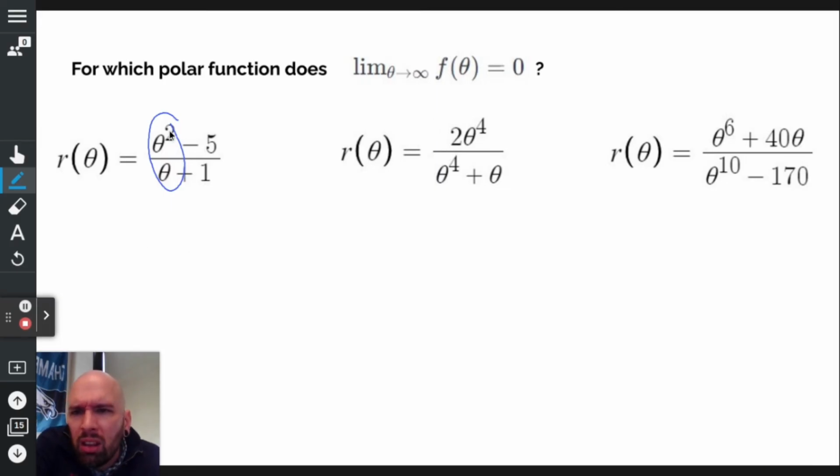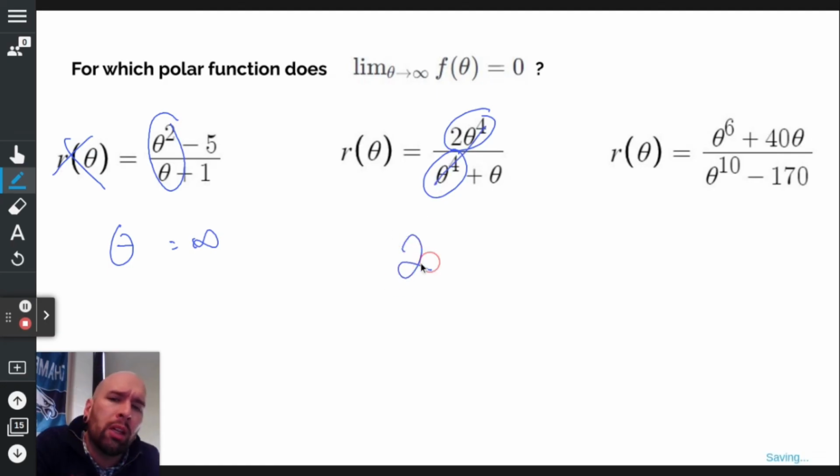So you would have theta squared over theta, which is theta, and if I plug in infinity, I get infinity. So not u. Do the same rules apply here? Yes. So this becomes infinity, so it's not u. The other one becomes 2 theta to the 4th over theta to the 4th. You cancel out, and you become 2.